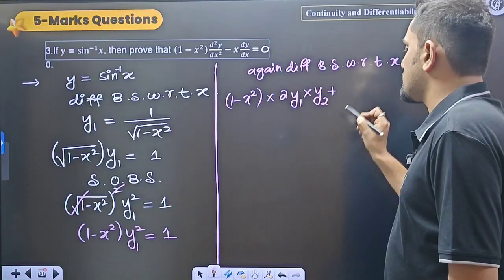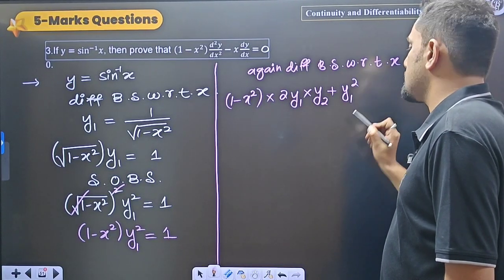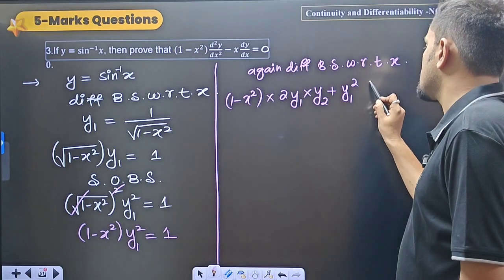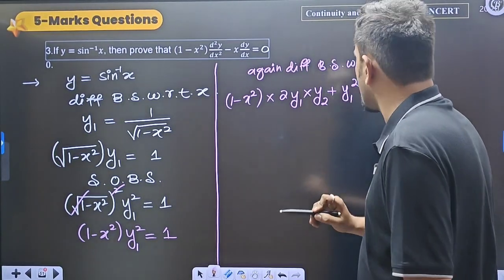Then plus the second function as it is, that is y1 square as it is, into the derivative of 1 minus x square. The derivative of 1 is a constant, it is equal to 0.